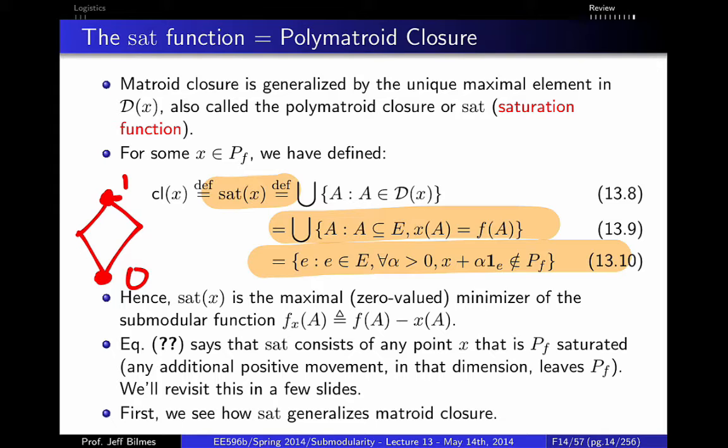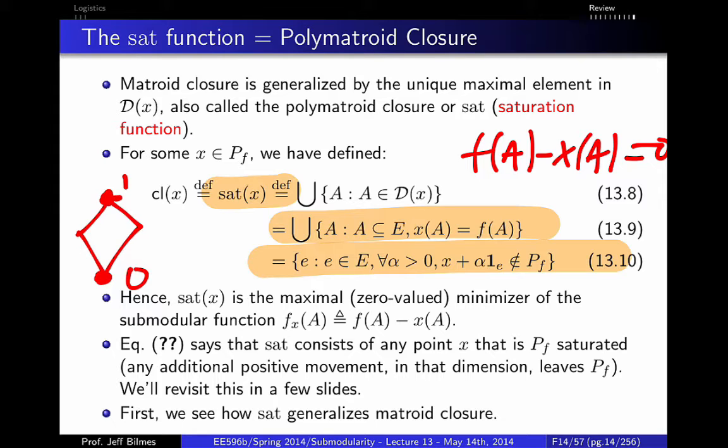And so what SAT is, it's the union of the tight elements, right? And the tight elements are closed under union and intersection. The other thing to remember is that the tight elements correspond to this minimization of the submodular function f of a minus x of a, which is equal to 0. So you find the minimum, and the tight elements are those for which x of a minus f of a is equal to 0. And if x is the tight set, then we're guaranteed that there is some a such that f of a minus x of a is equal to 0.